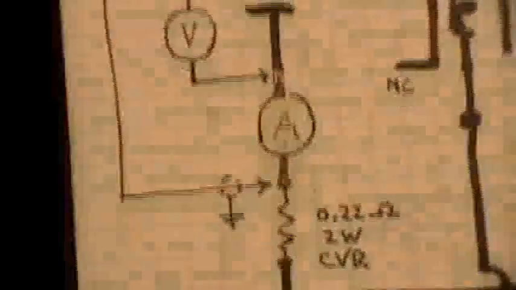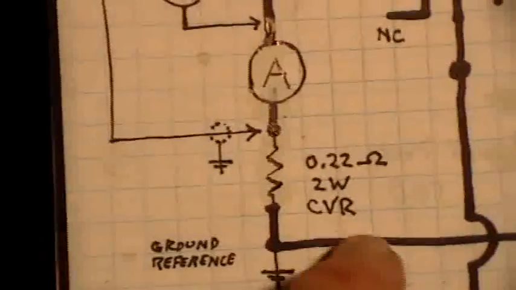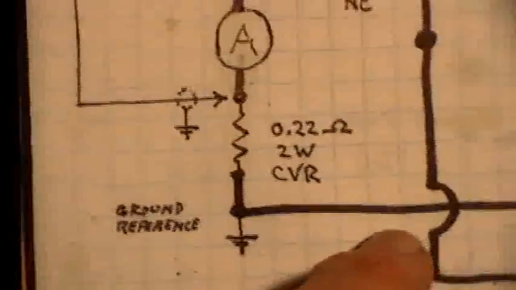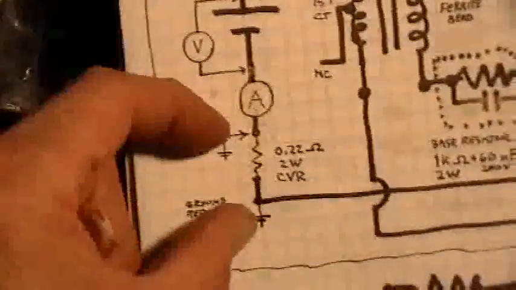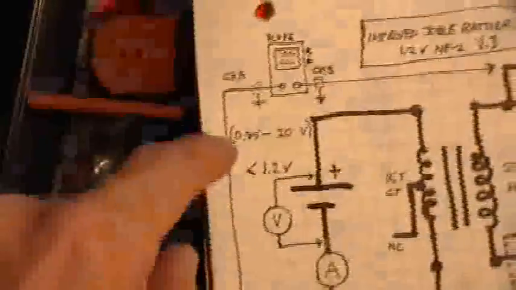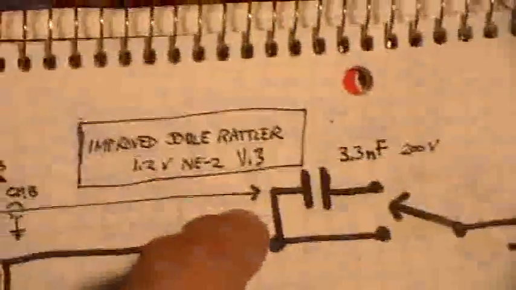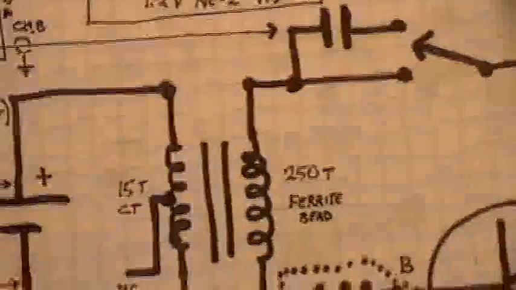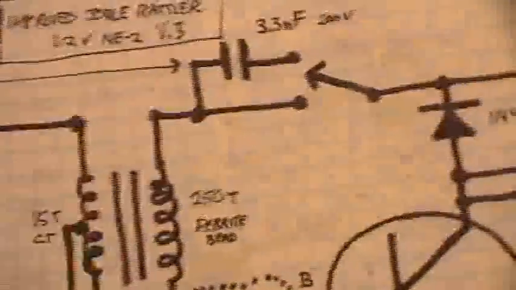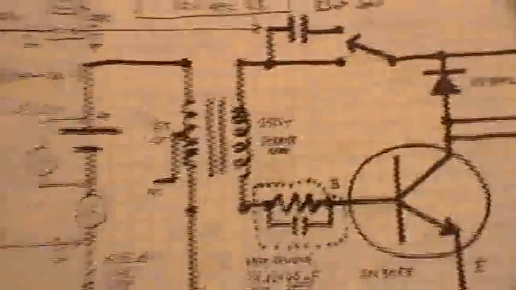Then I also have a 0.22 ohm 2 watt current viewing resistor in the negative rail to the emitter, and then I'm looking at the voltage drop across that resistor with the A channel of the oscilloscope, and the B channel of the oscilloscope is monitoring the output voltage at the output of the secondary coil there.